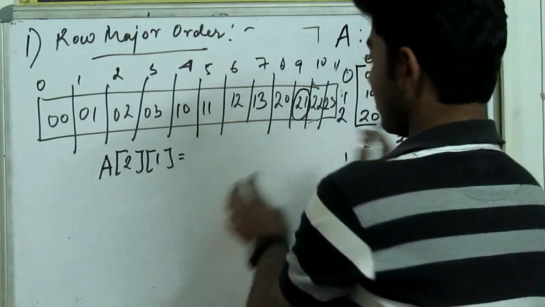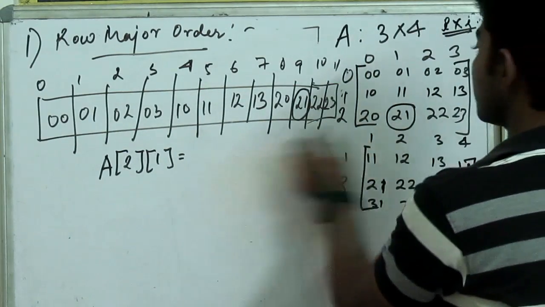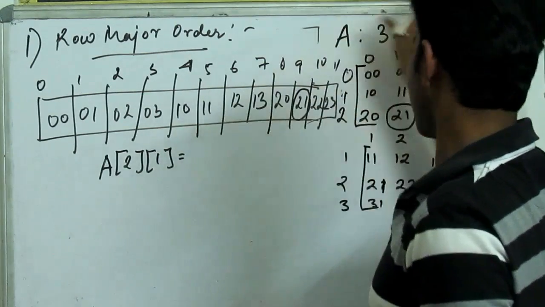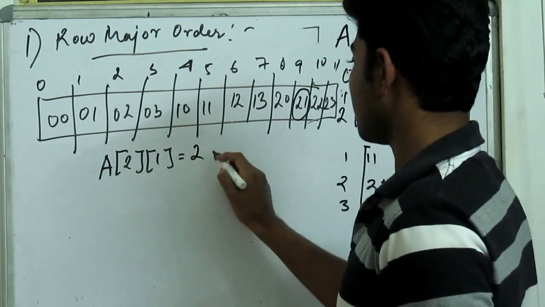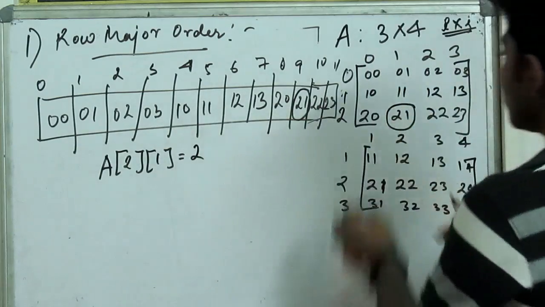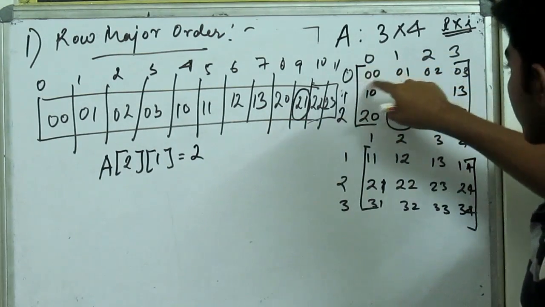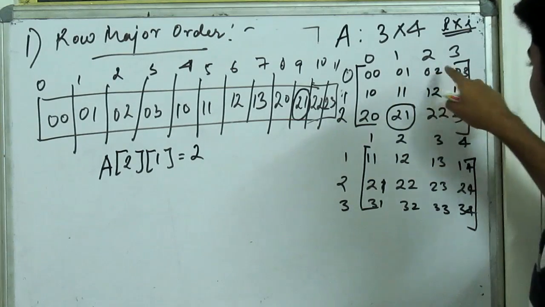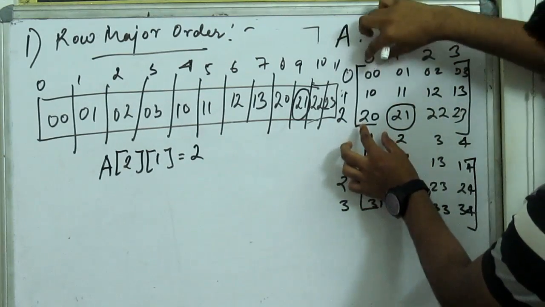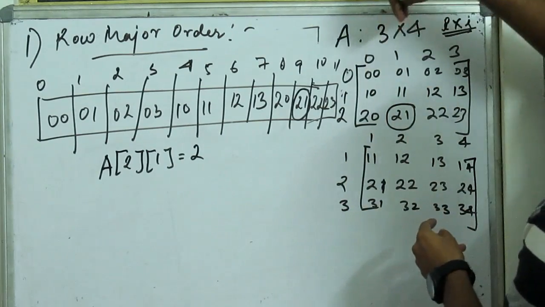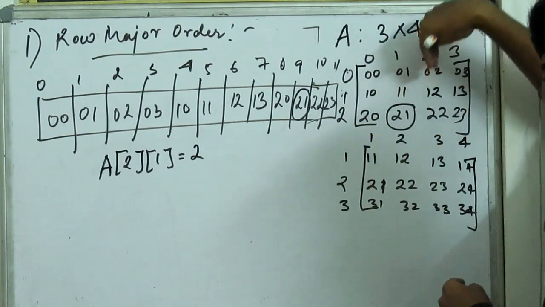Let me not generalize it. Let me first write what will be the address, and then we shall study that, then we will generalize it. Okay, suppose 2 into the number of columns we will have, because the number of elements present in each row is dependent upon the number of columns we have, isn't it?